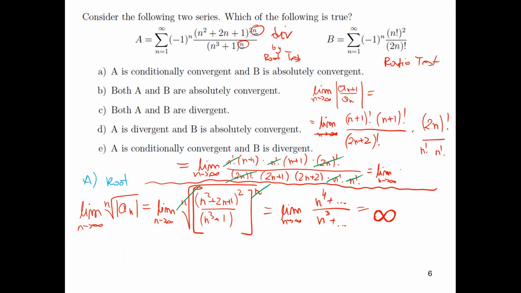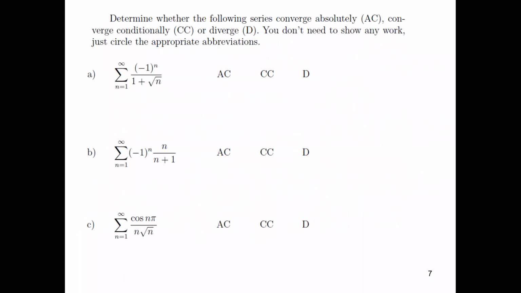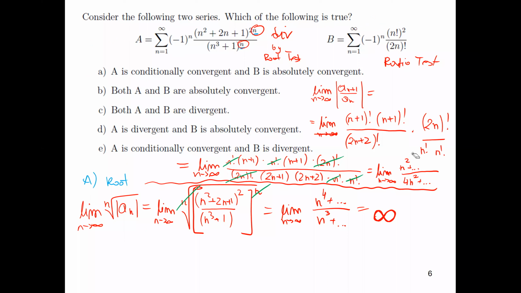Now you have to watch me, which is n squared and the rest of the terms, because it's (n plus 1) and (n plus 1). And in the denominator, I have (2n plus 1) and (2n plus 2). When we distribute, we will have 4n squared and the rest of the terms. That means we actually have the same degree now, n squared over 4n squared.